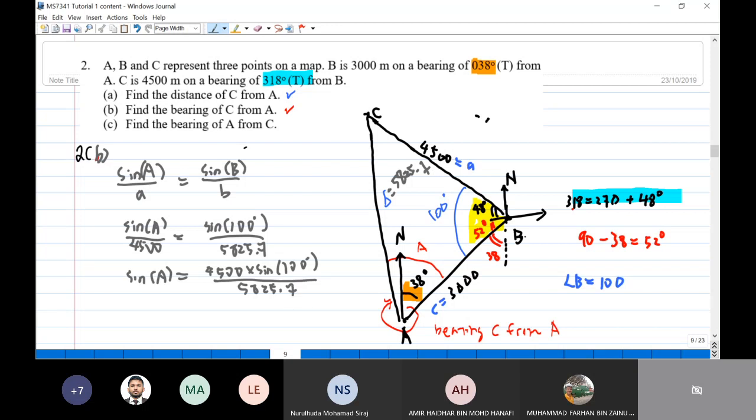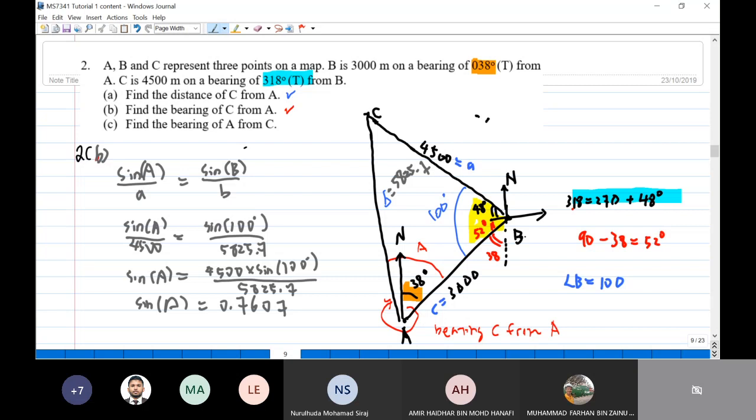So you press the calculator: 4500 times sine 100, and then divided by 5825.7. So sine A is 0.7607.